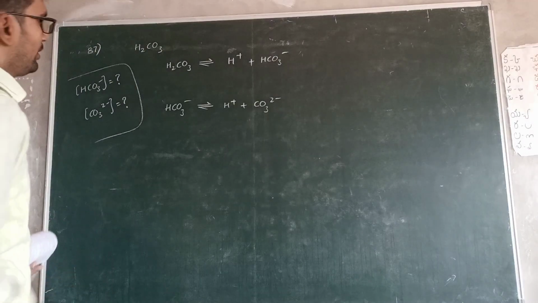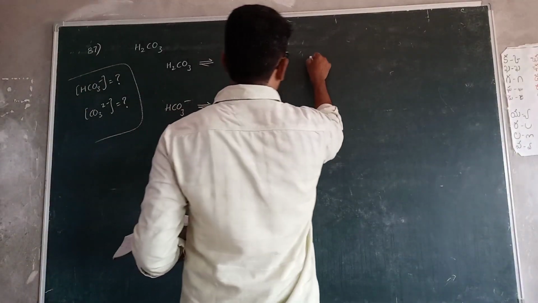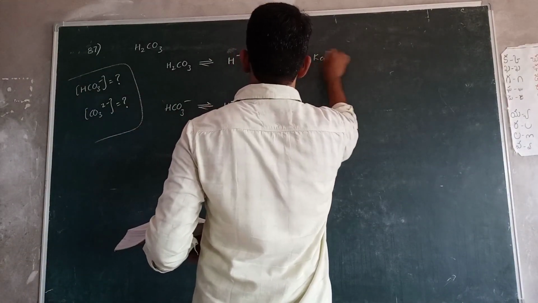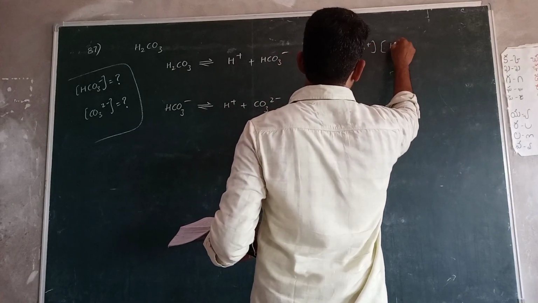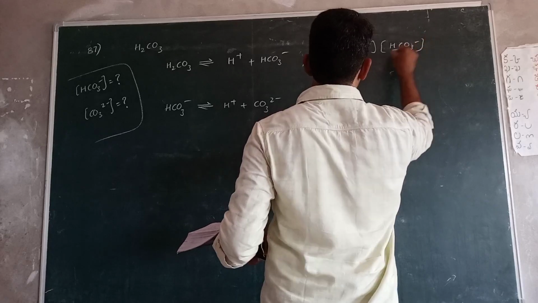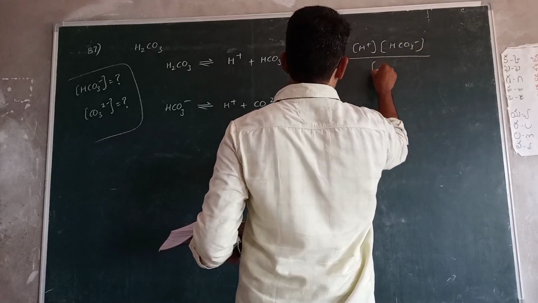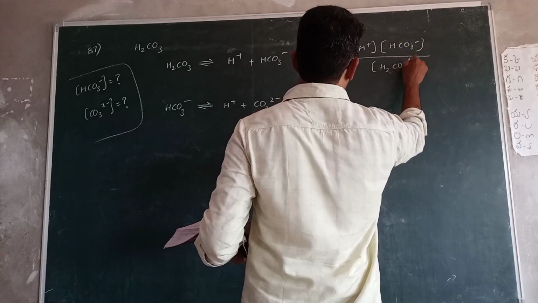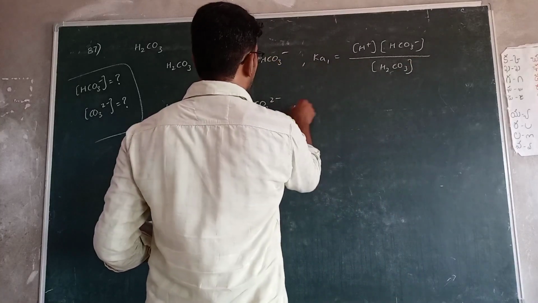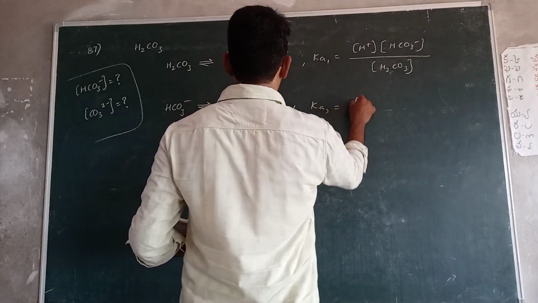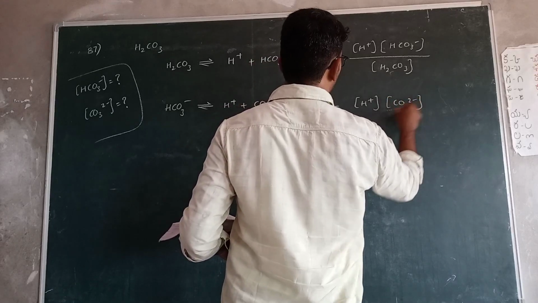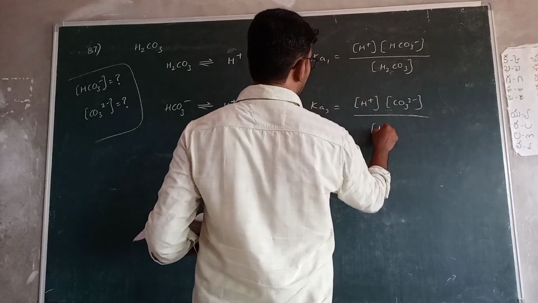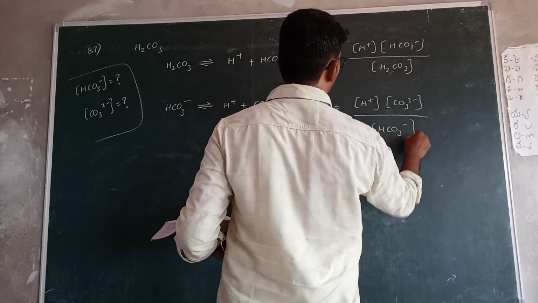Okay, now for Ka1, Ka1 is equal to concentration of H plus into concentration of HCO3 minus by concentration of H2CO3. Now for Ka2, it is concentration of H plus into concentration of CO3 2 minus by concentration of HCO3 minus.